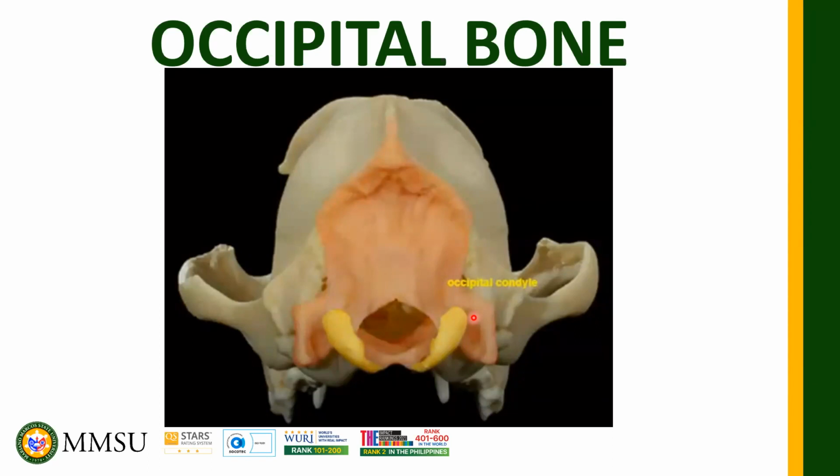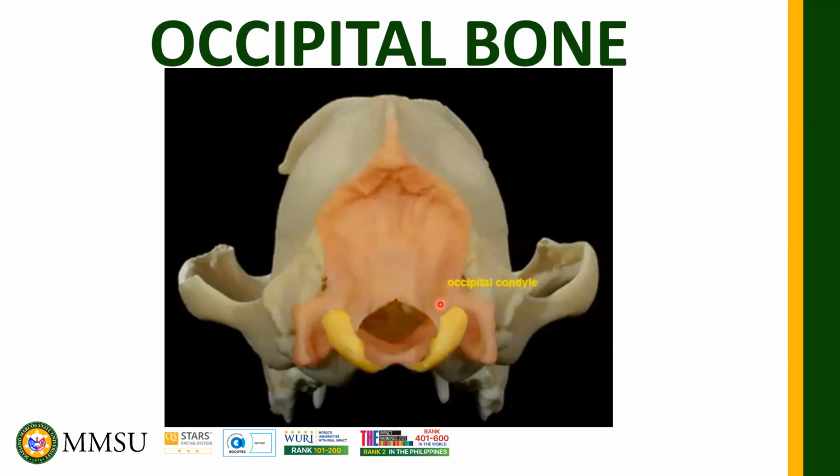Ganun din, like for the foramen magnum, it's usually for the articulation ng atlas, which is the first cervical vertebra. And then another one is for protection din ng spinal cord, since it is usually connected dito yung spinal cord.